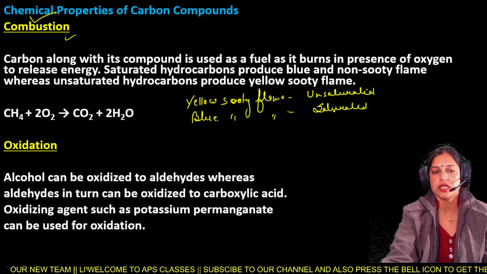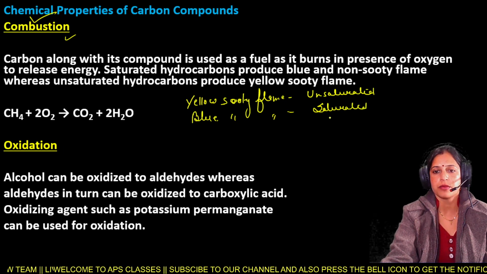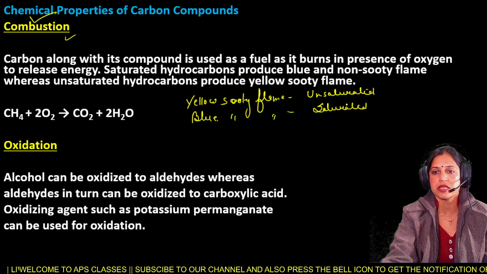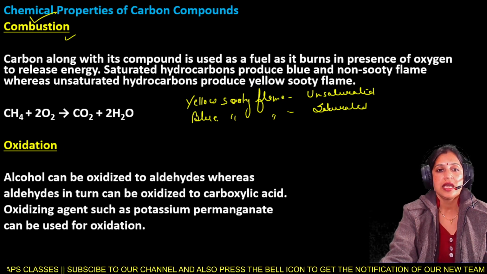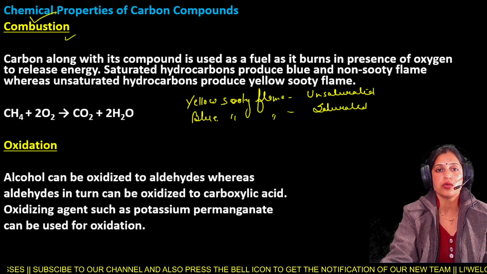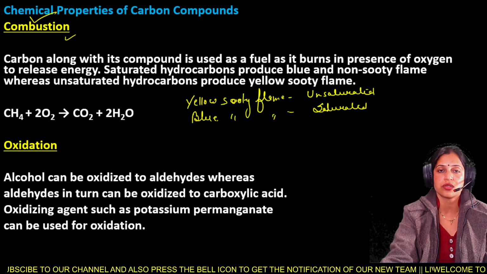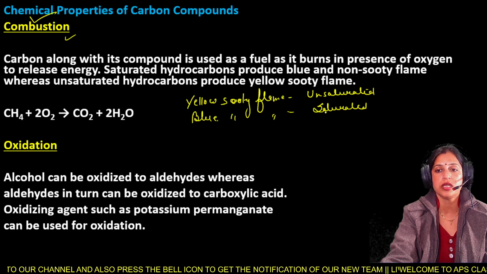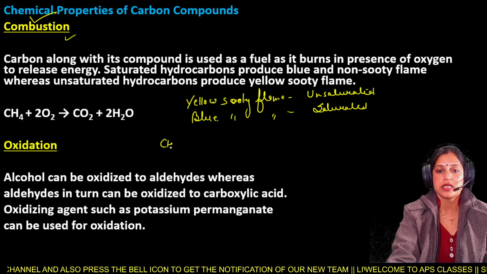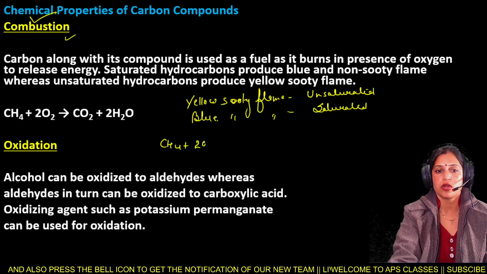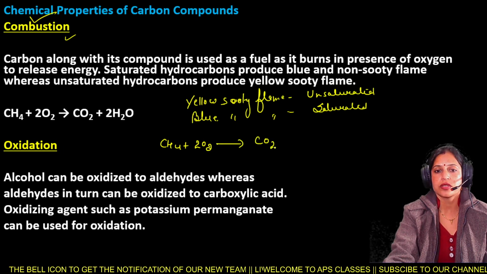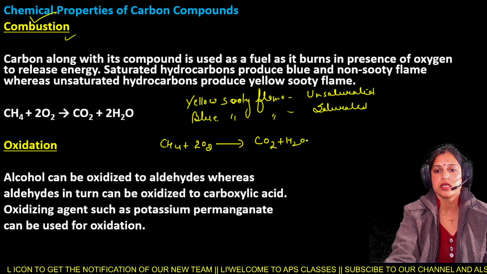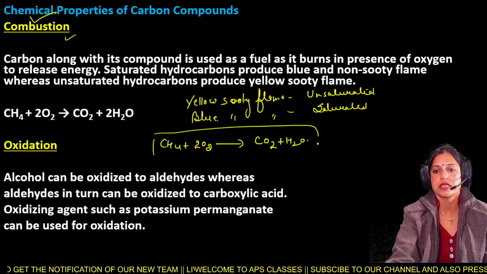So combustion is the property where carbon along with its compounds is used as a fuel and it burns in the presence of oxygen to release energy. This is methane plus 2 molecules of oxygen giving carbon dioxide plus water.